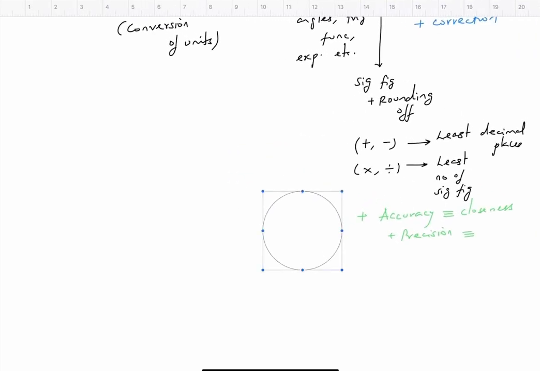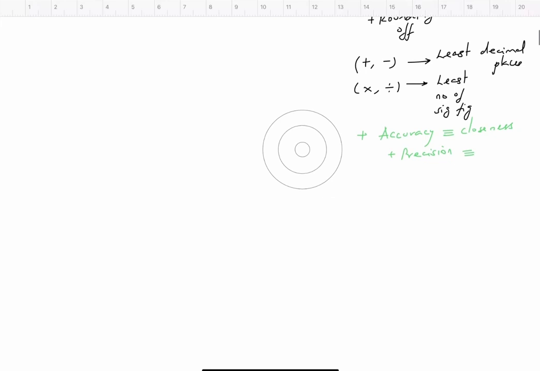So this is like the dartboard. Let's keep a black arrow here. So this is the bullseye.